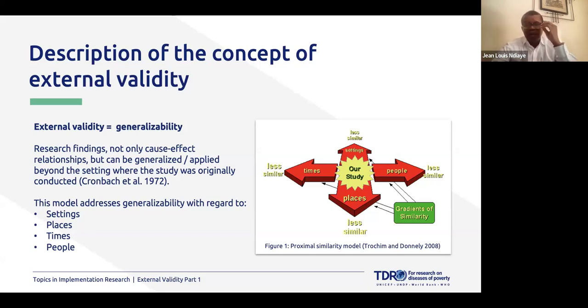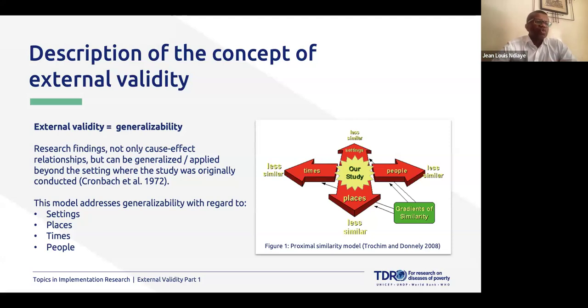For example, we can evaluate the community-directed treatment strategy for prevention of onchocerciasis conducted in a rural area, let's say in Niger, among an older population of lower socioeconomic status, living in a close community during the rainy season.